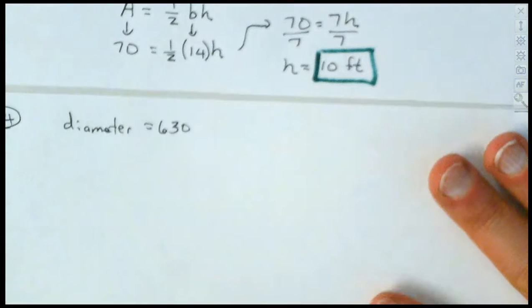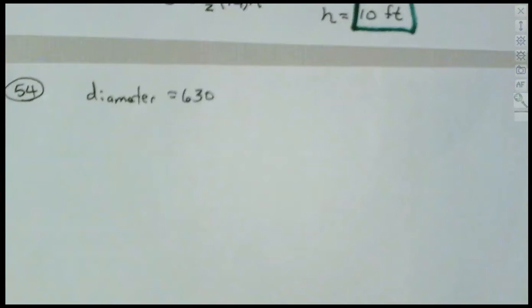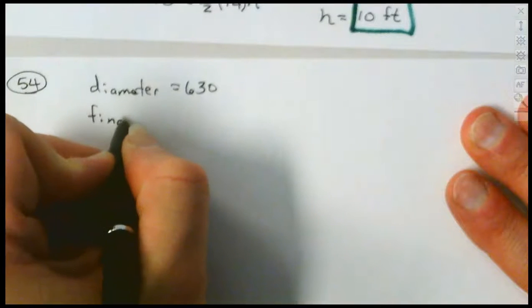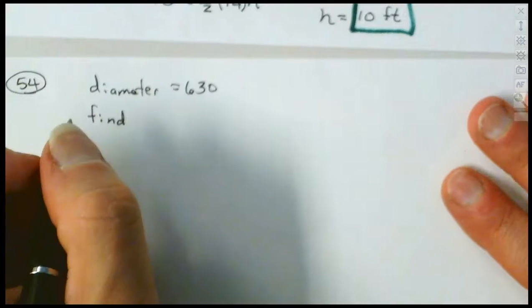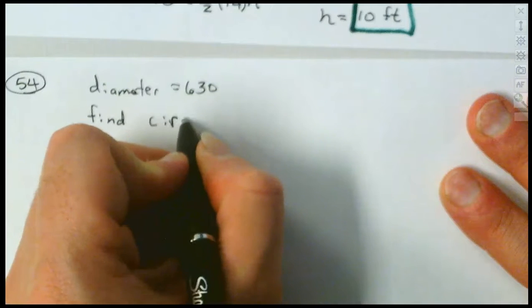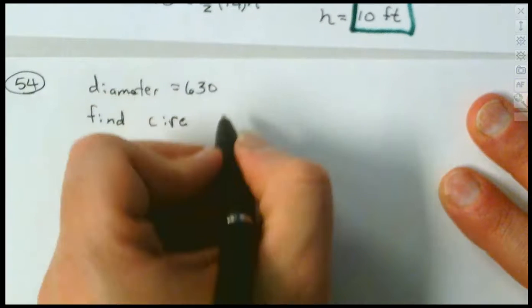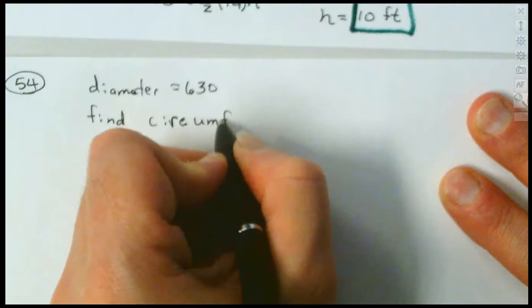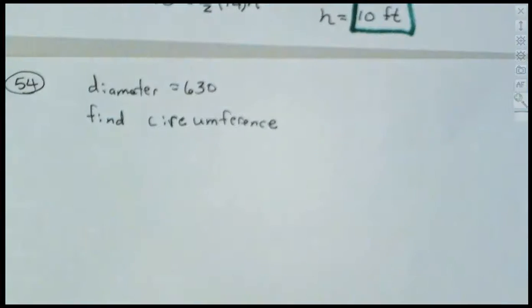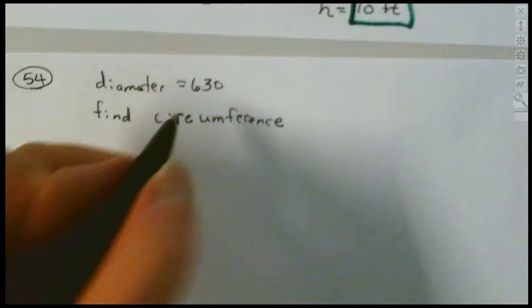Yep, 630. So that's our diameter. And we want to find the circumference. So that's what we're going to be trying to find, is we want to find the circumference. So we're given the diameter. We want to find the circumference.